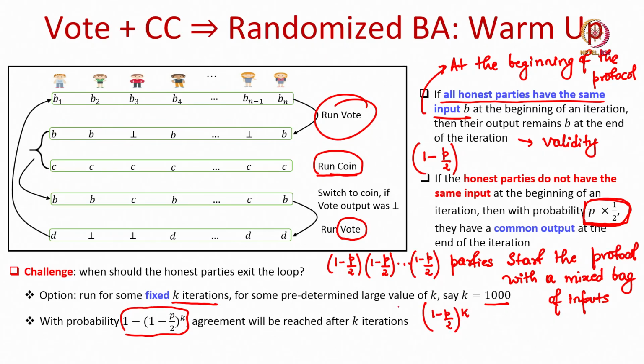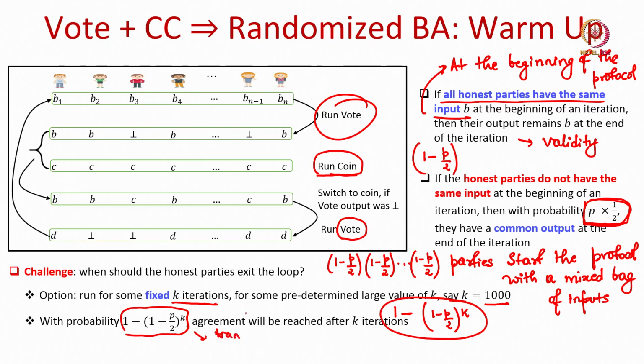So, the probability that at least one of these k iterations guarantees that all the honest parties have the same input at the beginning of the iteration will be this quantity.